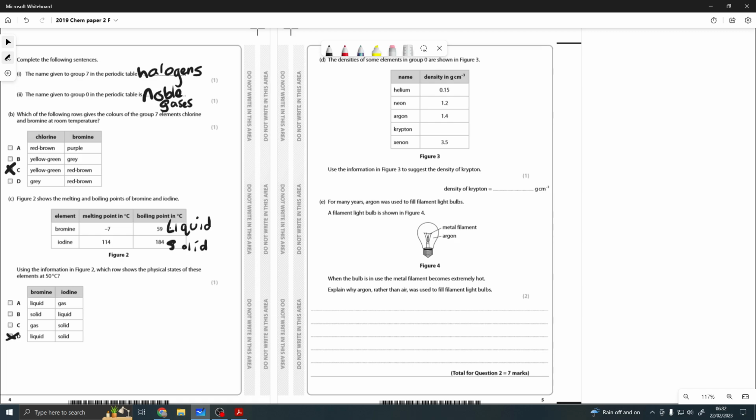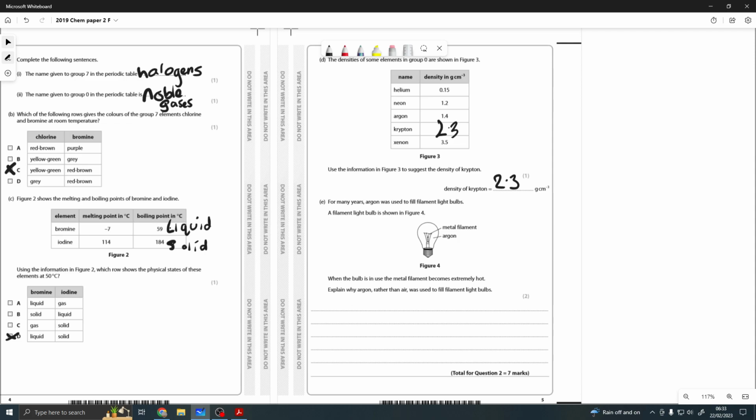So some number in between these two values. Let's just go with 2.3 because why not? The answer is any number between 1.4 and 3.5, including 1.4 and 3.5, I might add.